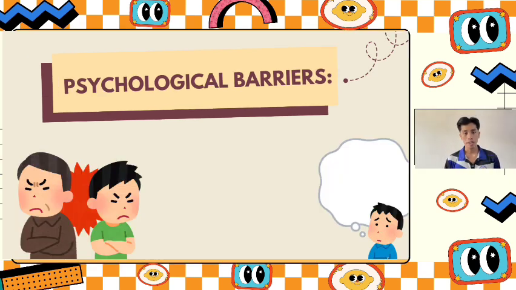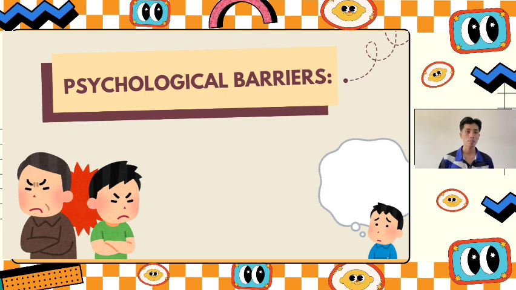And the last type of barrier is what we call psychological barriers. So these are barriers stemming from the listener's mental state or emotional disposition. They affect the listener's ability to focus and interpret the message objectively. So here are some examples of psychological barriers.